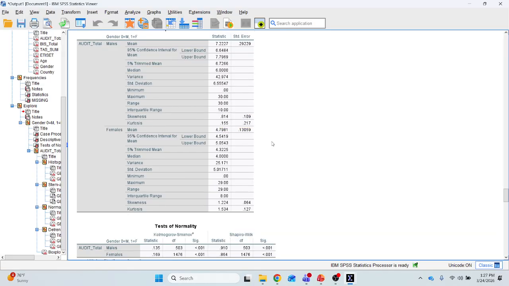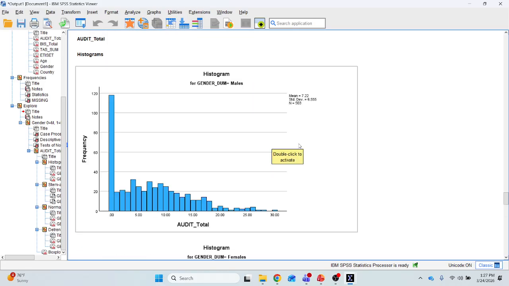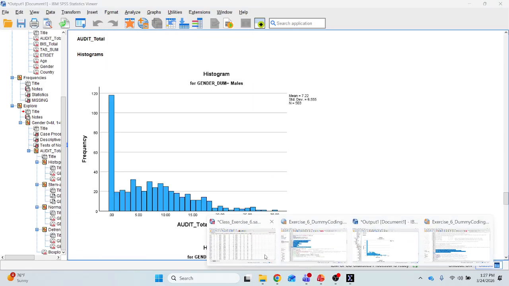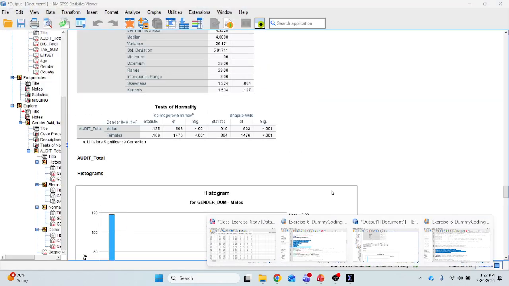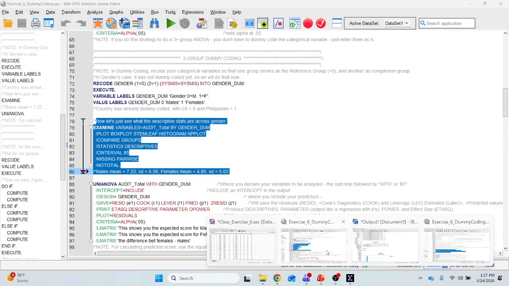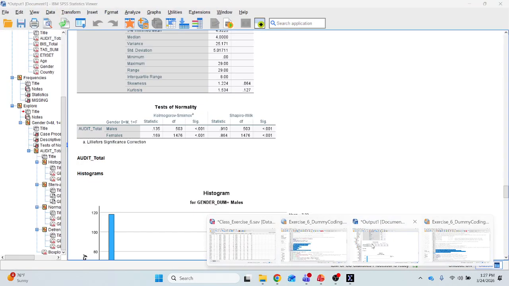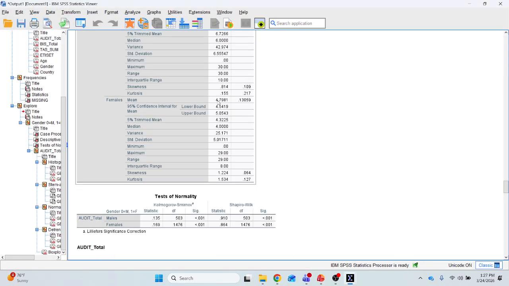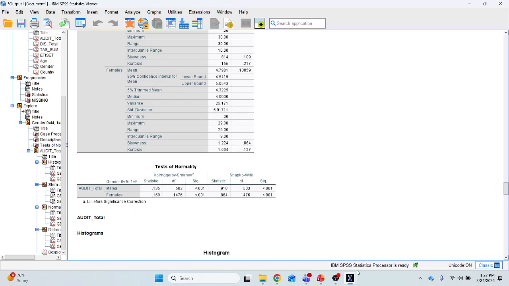And then the mean of the females is 7.80, rounded off. Again, 4.798, rounded off 4.80. Okie dokie.